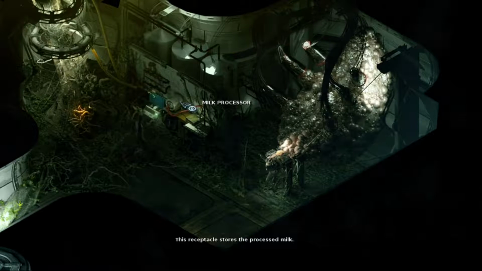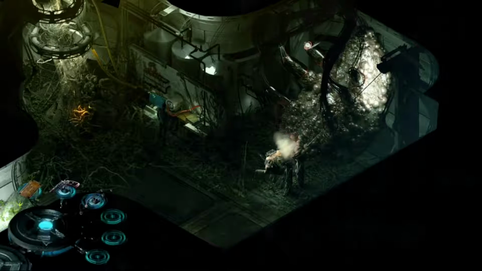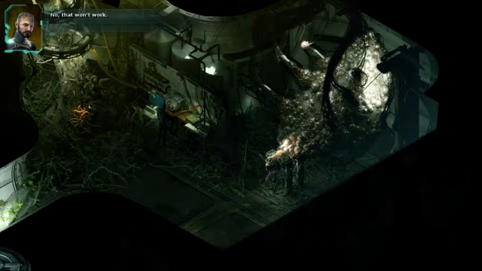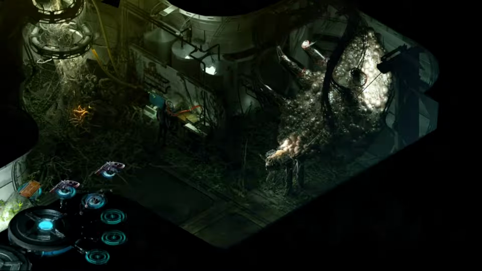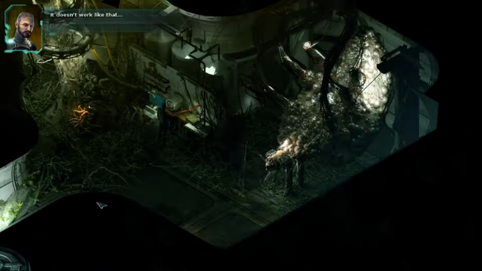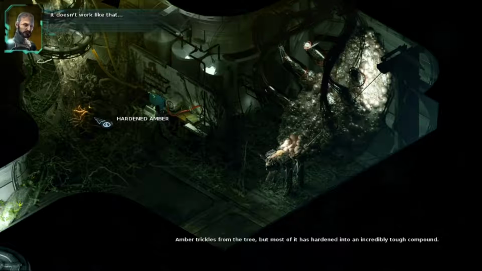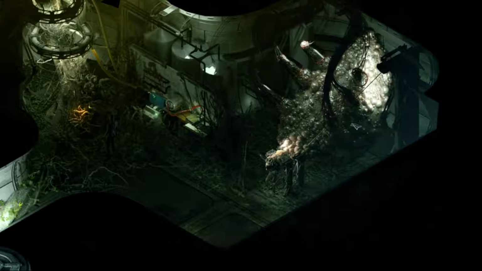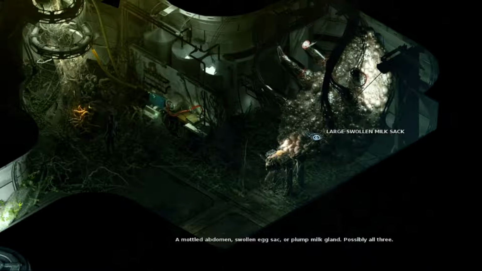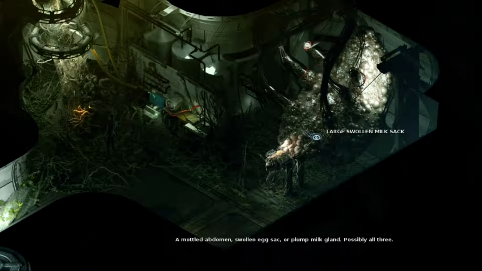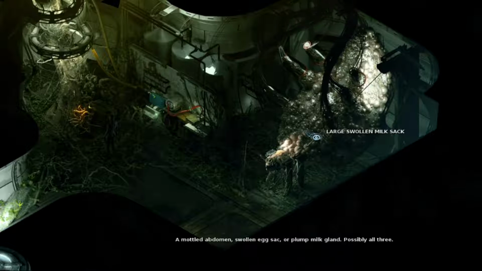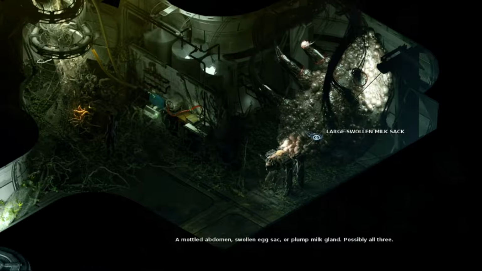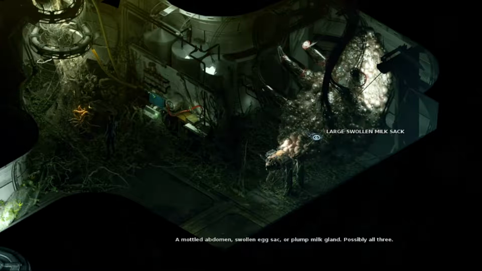Okay, so milk processor. Can we do anything with the milk processor? No, that won't work. It doesn't work like that. Mottled abdomen, swollen egg sac, or plump milk gland, possibly all three.